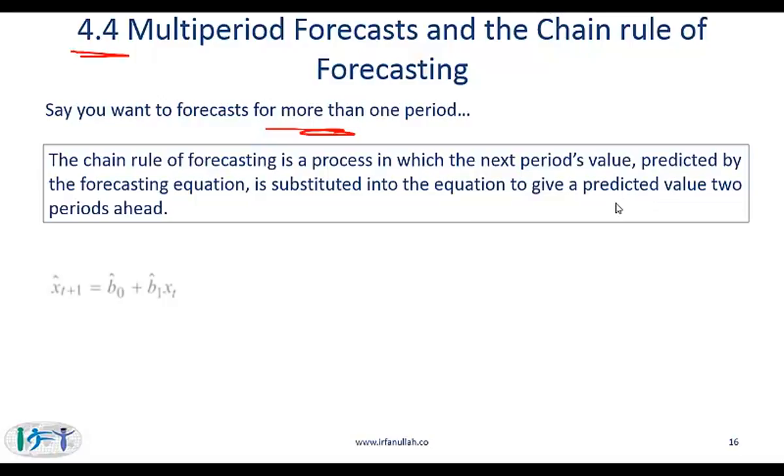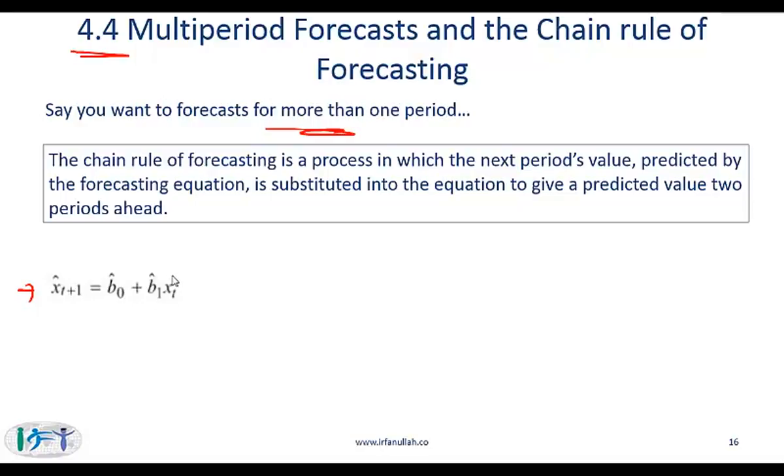This is fairly straightforward. If this is your equation, is this a forecasting equation? We've not called it this before, but that's what we have. We are not doing all this for fun. We are doing this so that we can forecast, right? So x is equal to b0 plus b1 times x at time t.